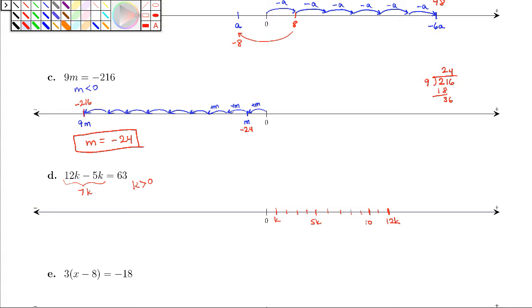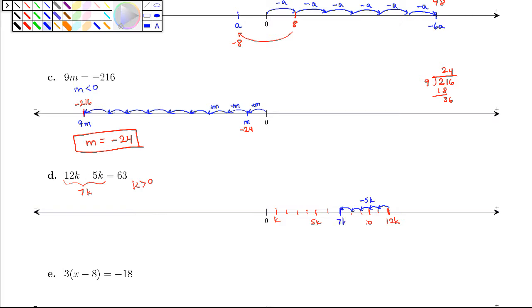And I guess I was supposed to be doing this in blue. So then I subtract 5 k's. 1, 2, 3, 4, 5. So minus 5 k's, and this is now 7 k's.